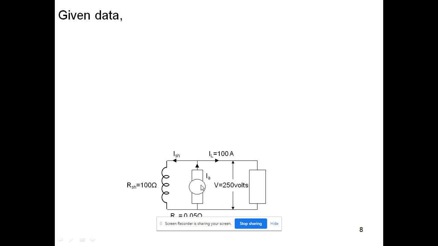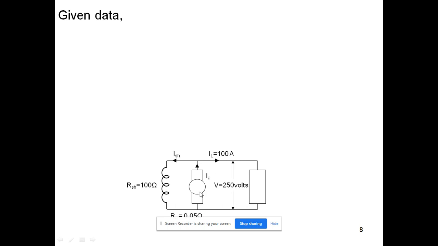Shunt generator means all the three parts of the generator are connected in parallel. We can see in the figure, there will be three parts: armature, field winding and load.